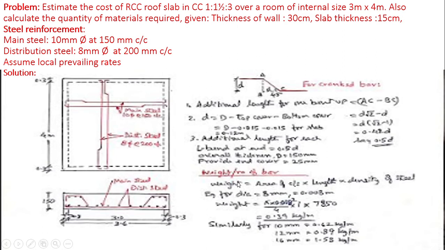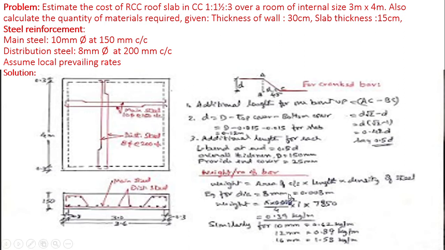Next is weight of bar, that is weight per meter of bar. We use different diameter bars in different members. Normally for slab, the diameter bars used are 8 mm, 10 mm, 12 mm and so on. For beams we use 16 mm, and for columns sometimes we use 20 mm bars, 25 mm diameter bars, etc. The diameter bars are expressed as 8 mm, 10 mm, 12 mm and so on.